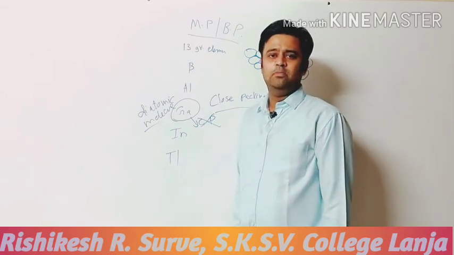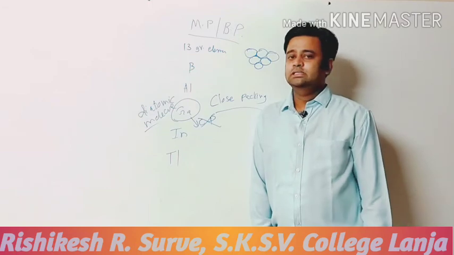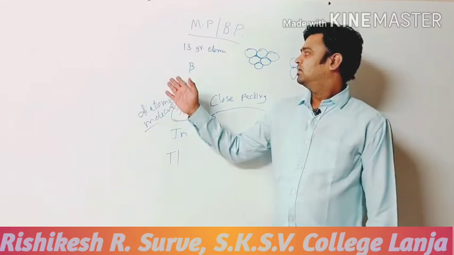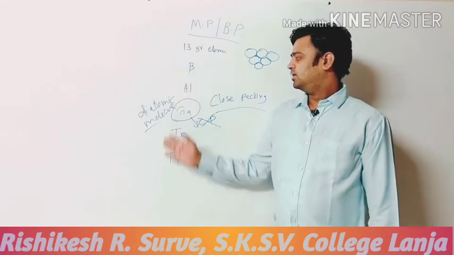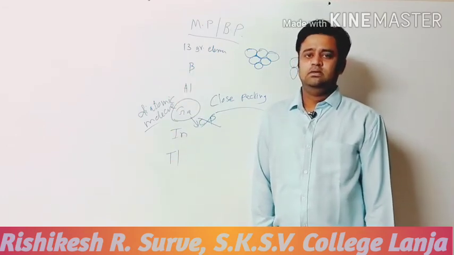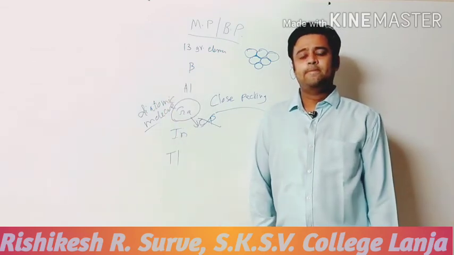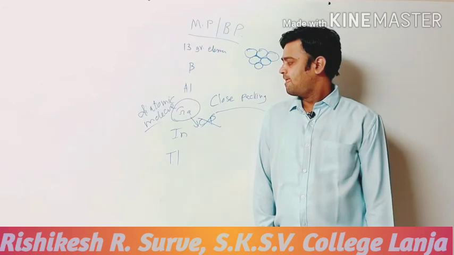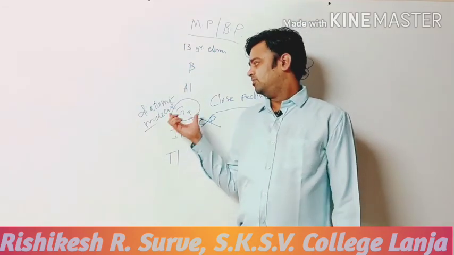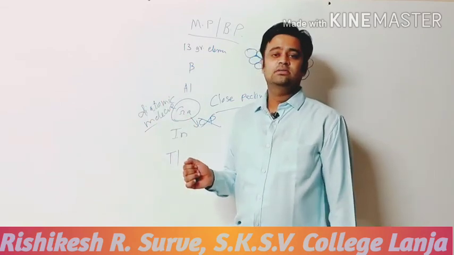Talking about boiling point, the boiling point of boron is definitely high. But further, it goes on decreasing. Boiling point decreases from top to bottom. So the boiling point of gallium, though it is in a diatomic state, is in line with the others.